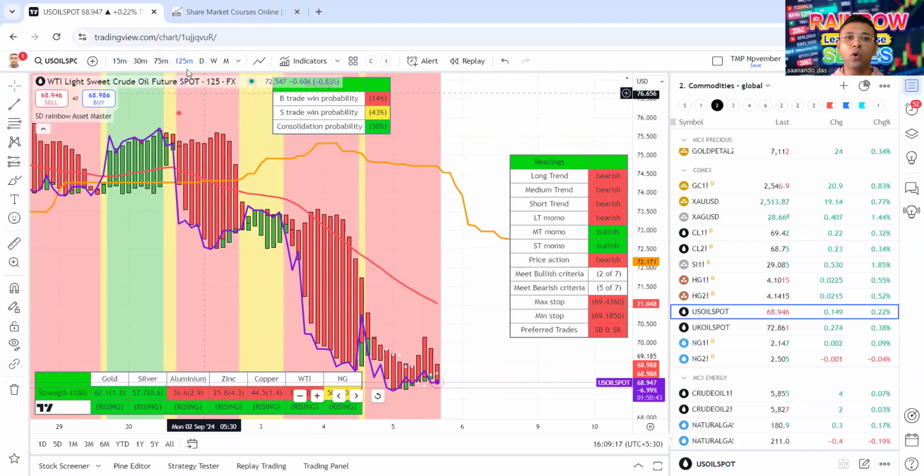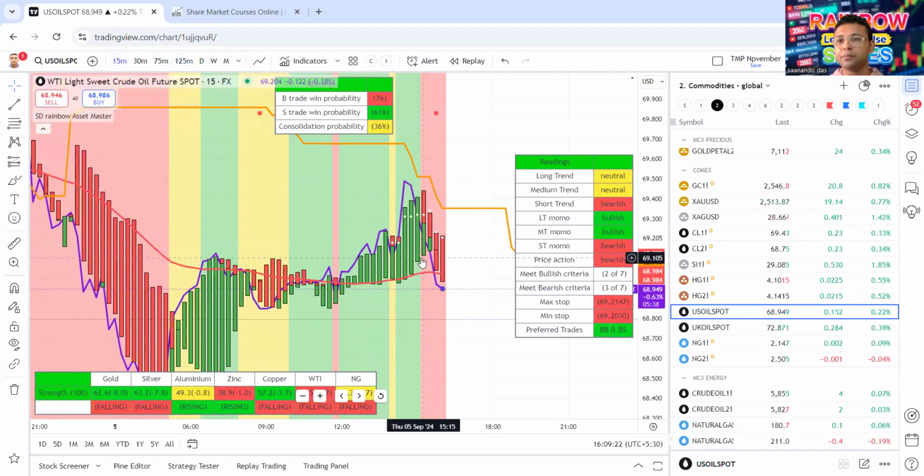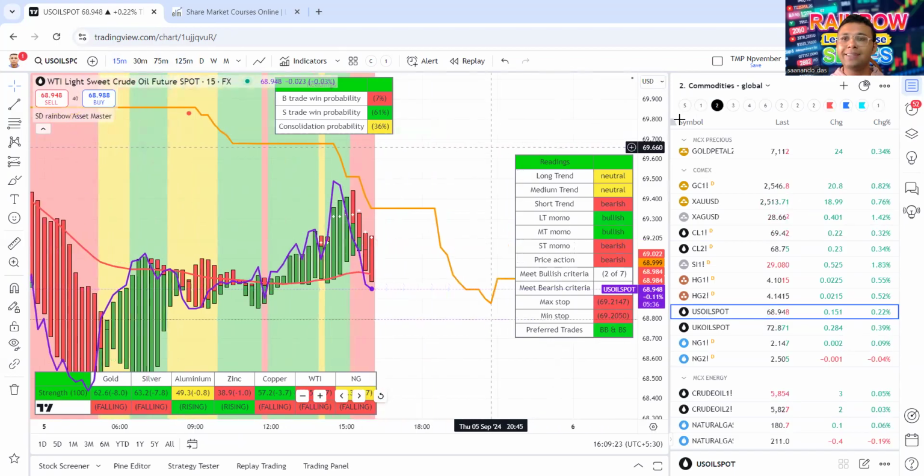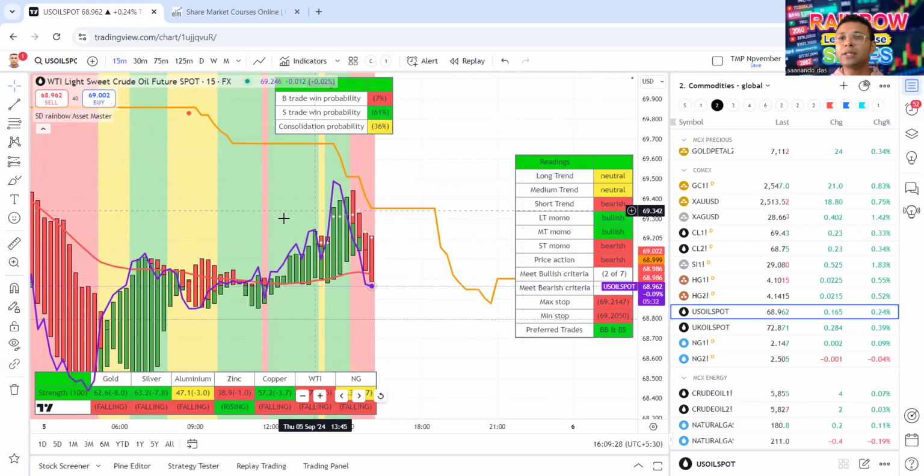We'll refer from 125 minutes and we'll refer using 15 minute chart. And since it is intraday and more noisy, we can use candlesticks. Candlestick का हम लोग इस्तेमाल कर सकते.